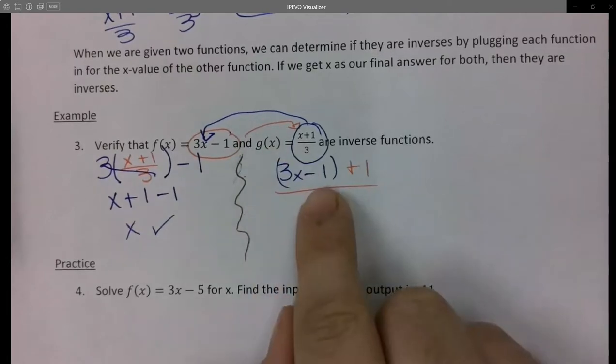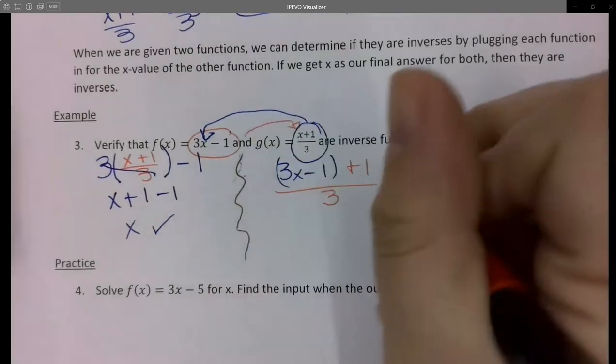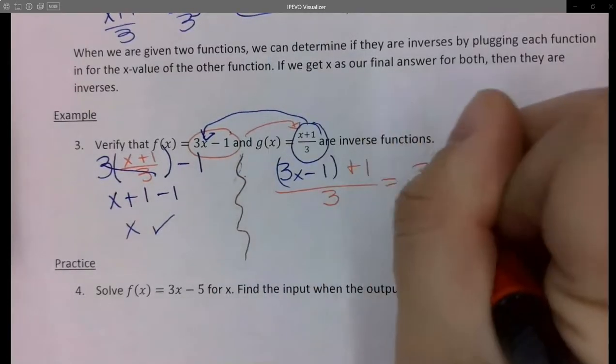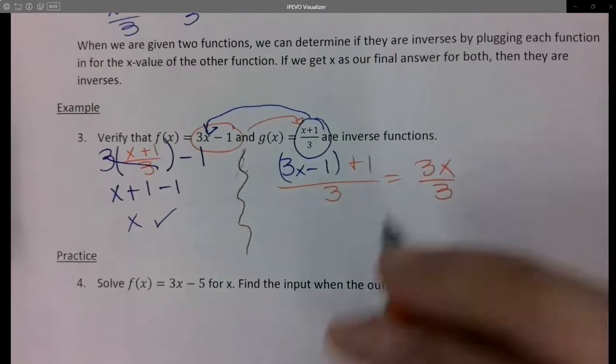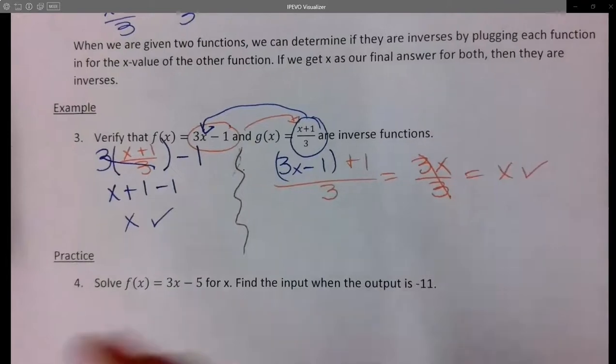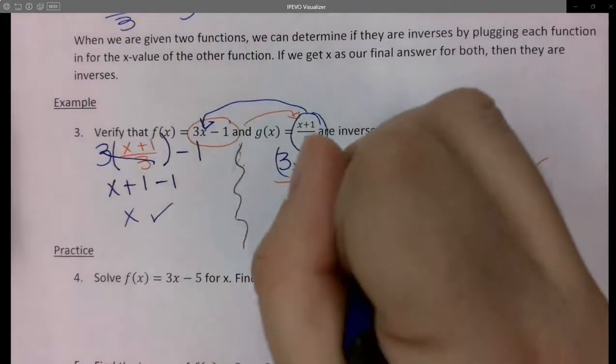Then I can ignore the parentheses since it's just adding and subtracting. I have a minus 1 and a plus 1, so that will cancel out to just 3x over 3. And then I have a 3 divided by a 3, so that will cancel out and just give me x. So since it both worked out, my answer is yes.